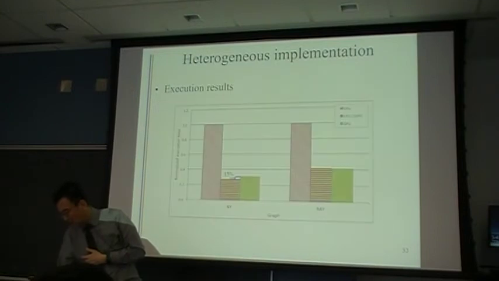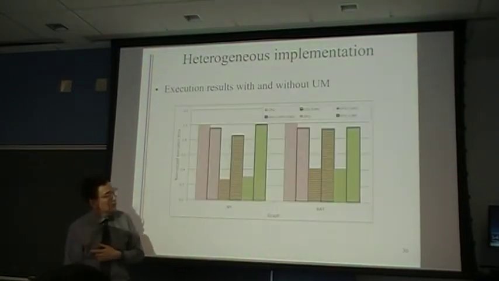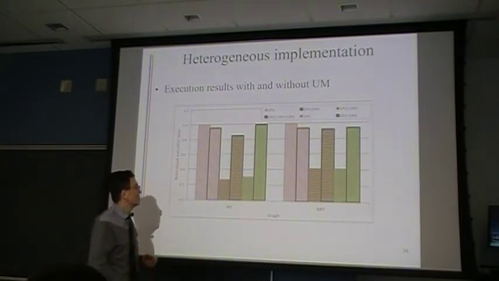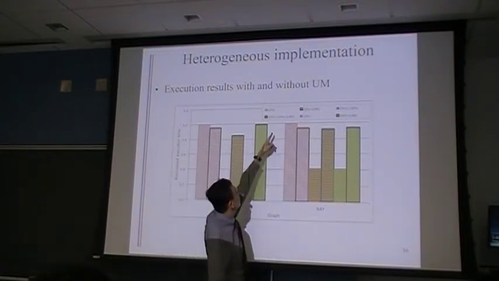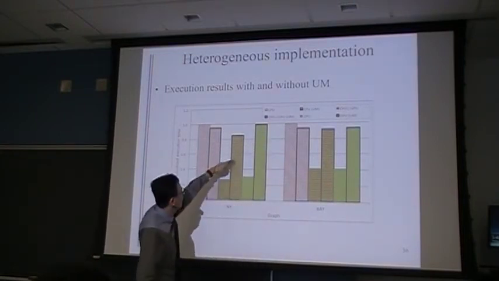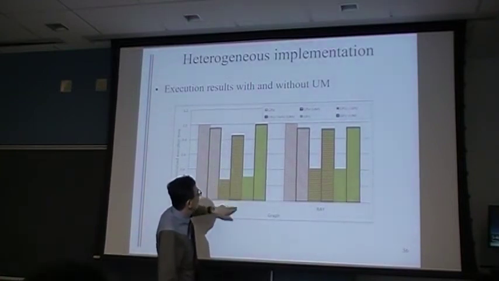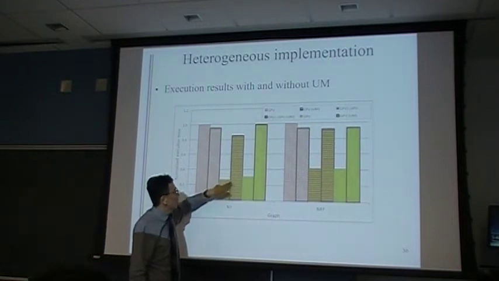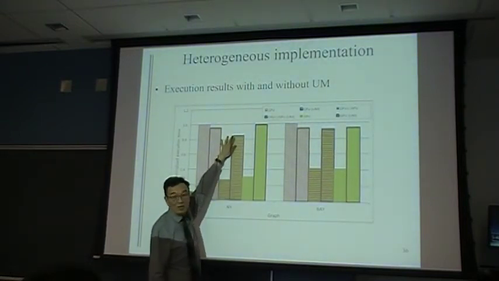So this is the current generation hardware, with just the page faults at those transition points. This is the CPU-GPU unified memory execution, and you can see that those page faults will actually bring the execution time back up.